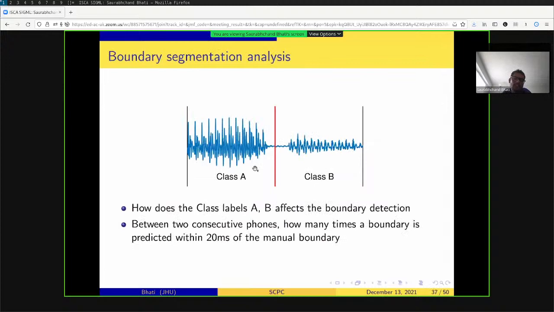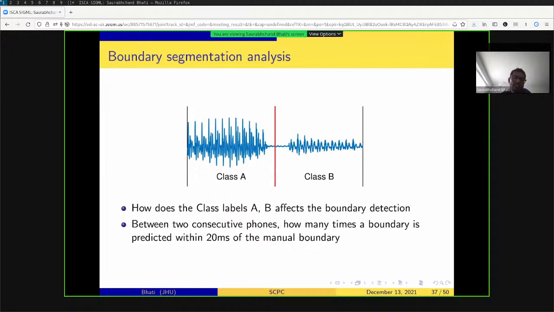And the last part was we tried to do the boundary segmentation analysis. If you look at the figure, let's take these 2 successive phones, which have a manual boundary, denoted by the red line in the middle. And they have different classes. We wanted to see how the class labels of class A and B affect the boundary detection performance.